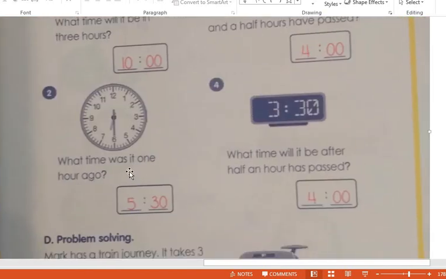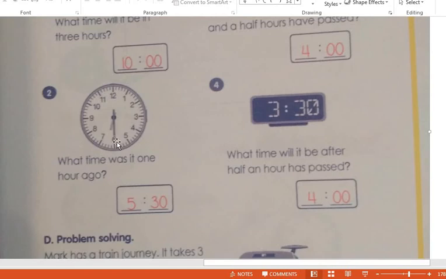What time was it 1 hour ago? Ago was in the past. Don't forget. Okay? When I want to know the hour, I look at the number before the short hand.